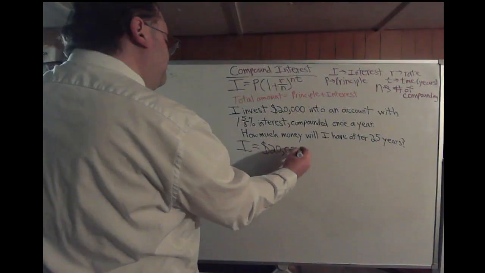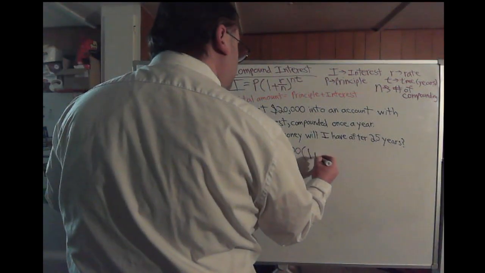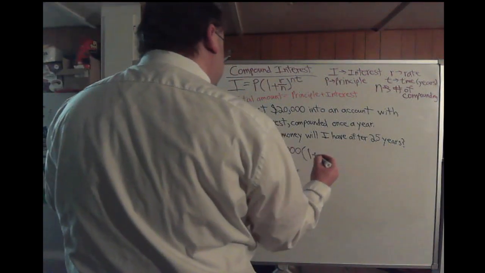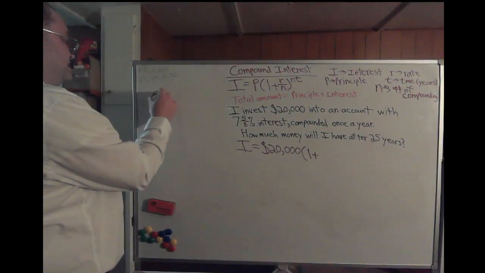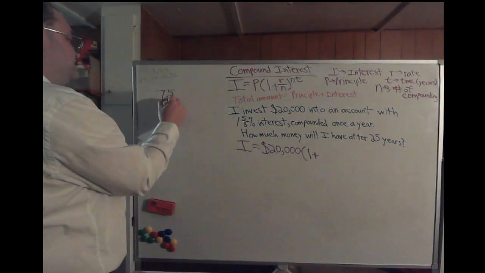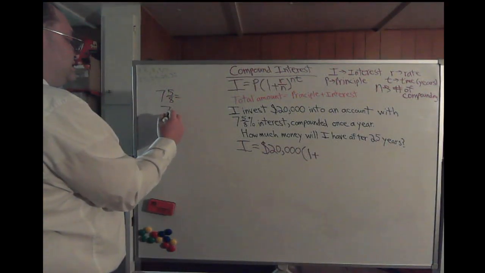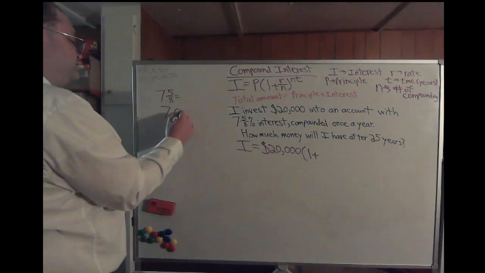$20,000, right? Times the quantity of 1 plus what's that rate? 7 5/8. Let's figure out what 7 5/8 is as a decimal. Let's do that on the side. 7 5/8 as a decimal is equal to 7.625.